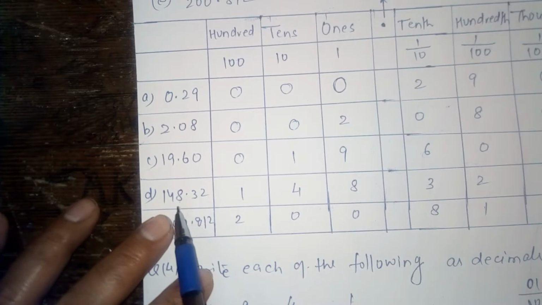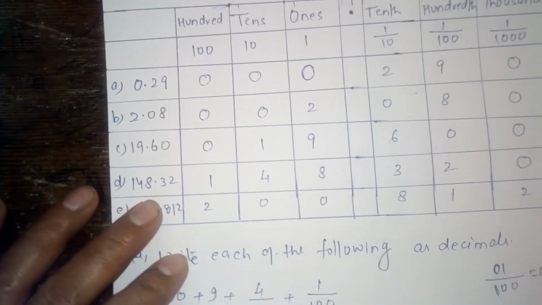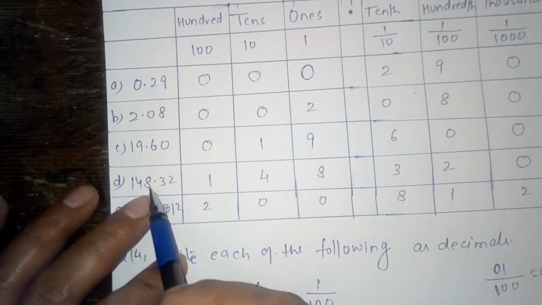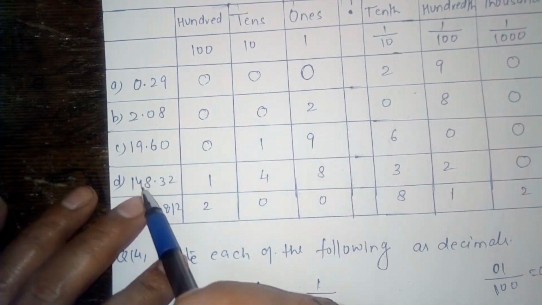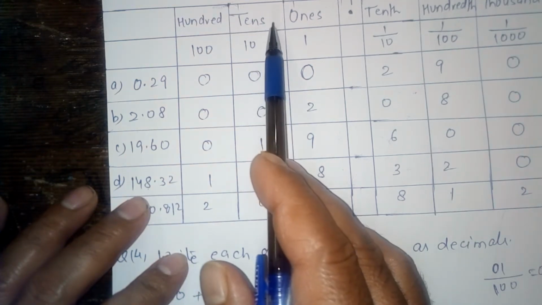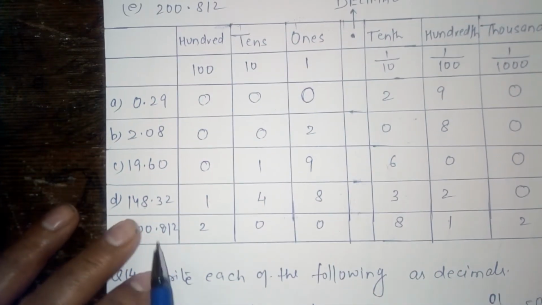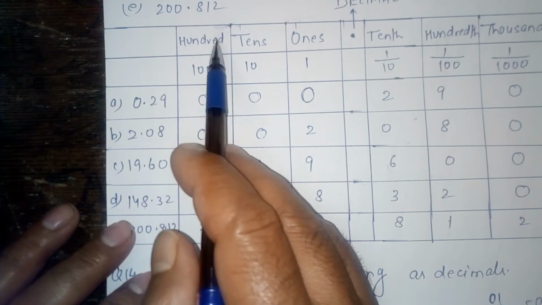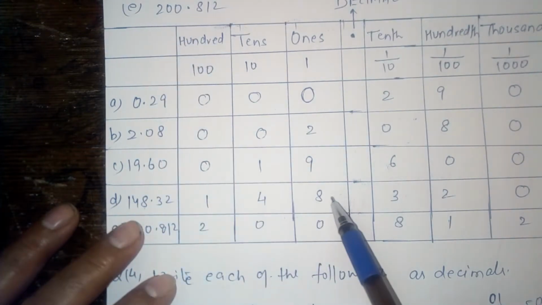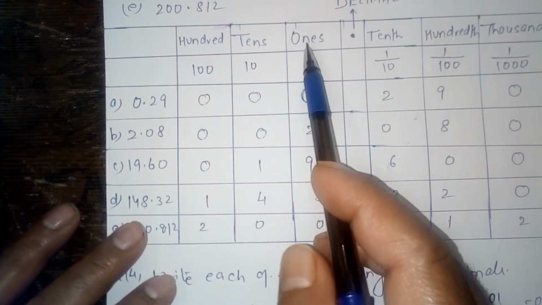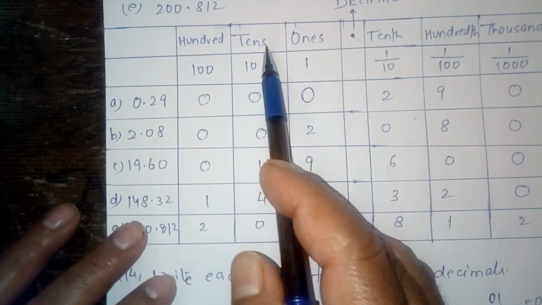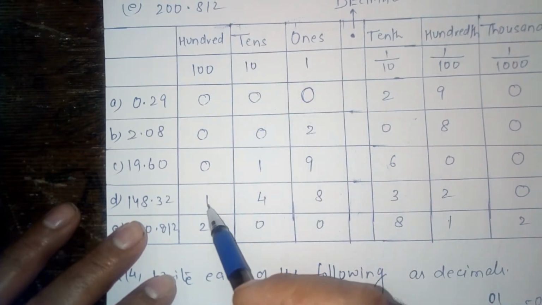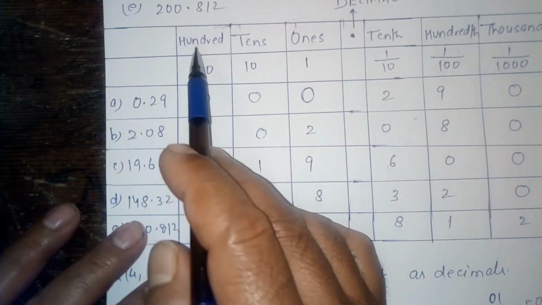The next decimal number is 148.32. So the meaning is 8 will be in the ones place, 4 will be in the tens place, and 1 will be in the hundreds place.